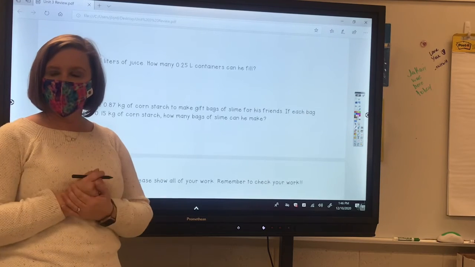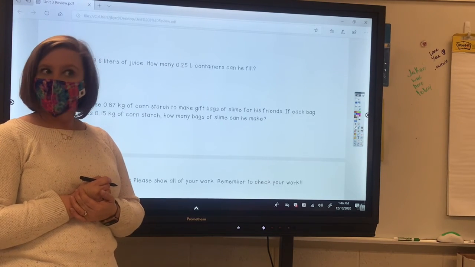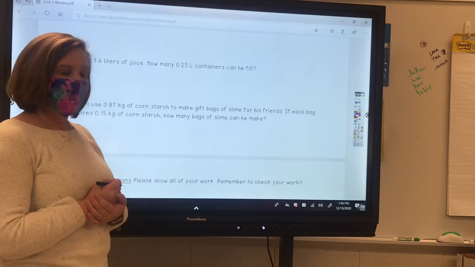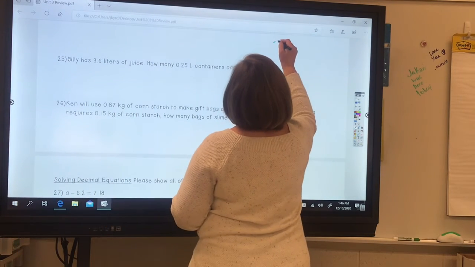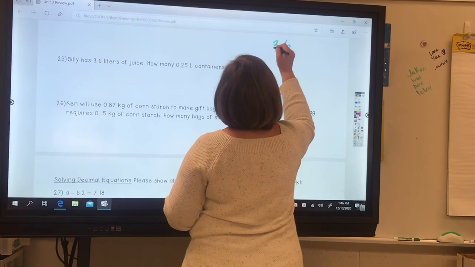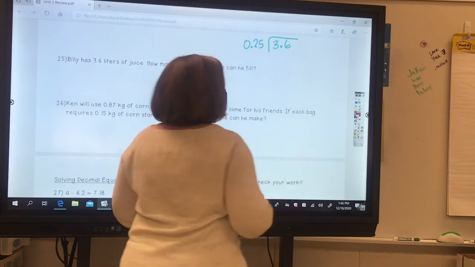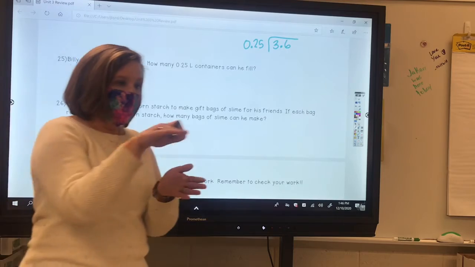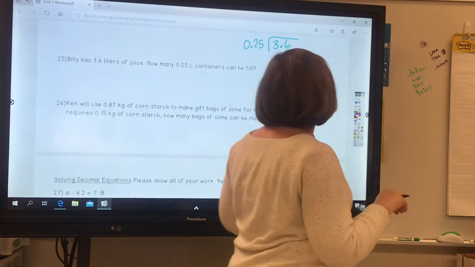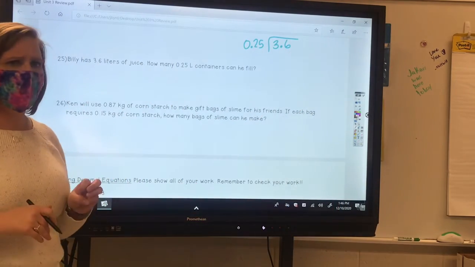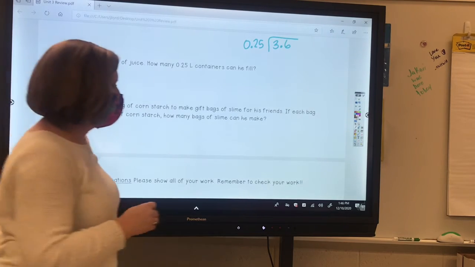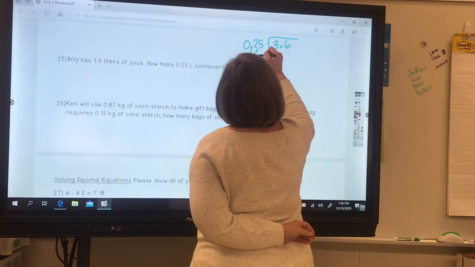So I'm going to have to divide. I've got to take my 3 6/10 and divide it by 2,500. Because I have a whole big amount and I'm going to pour some into each container. So what am I going to have to do first to divide this? Move my decimal. How many times? 2.